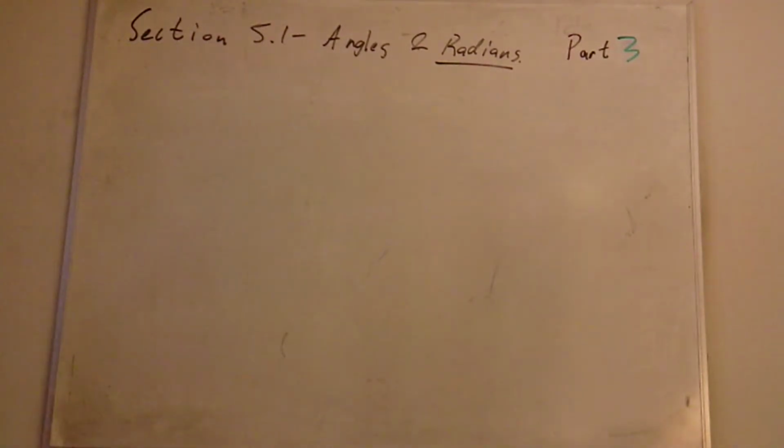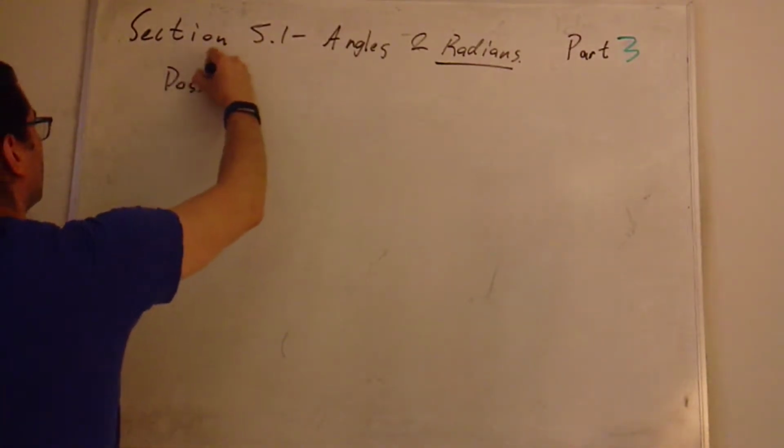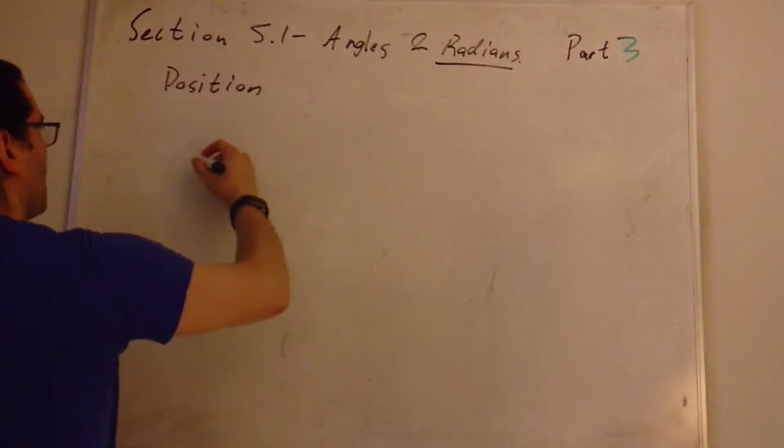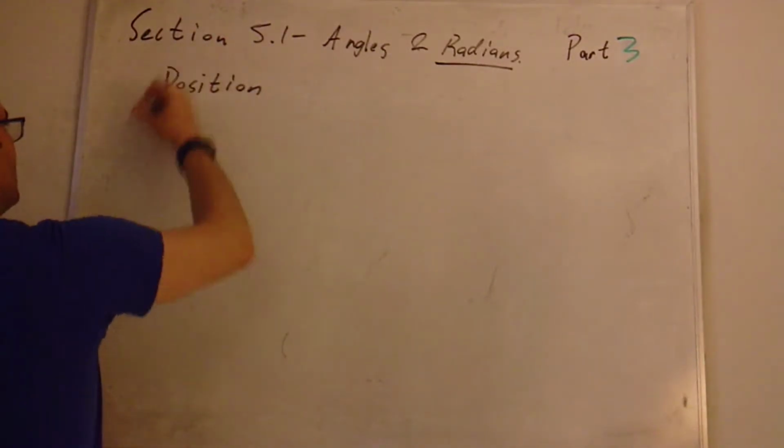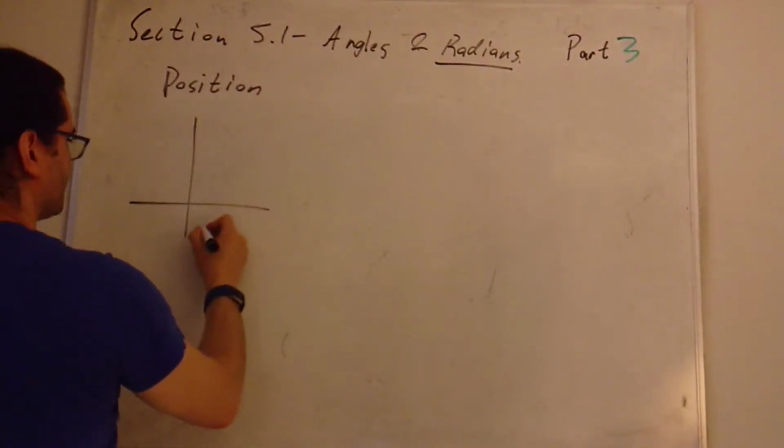The last two things we need to talk about that aren't moving back and forth between radians and degrees are position, which means we're going to put angles onto coordinate grids.